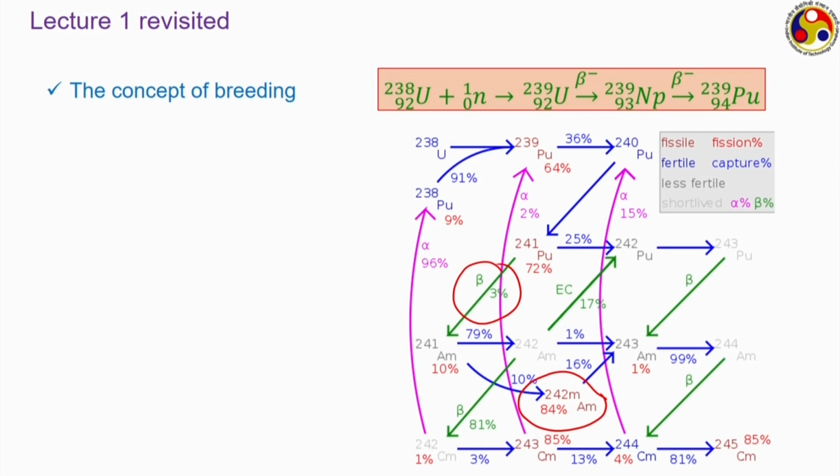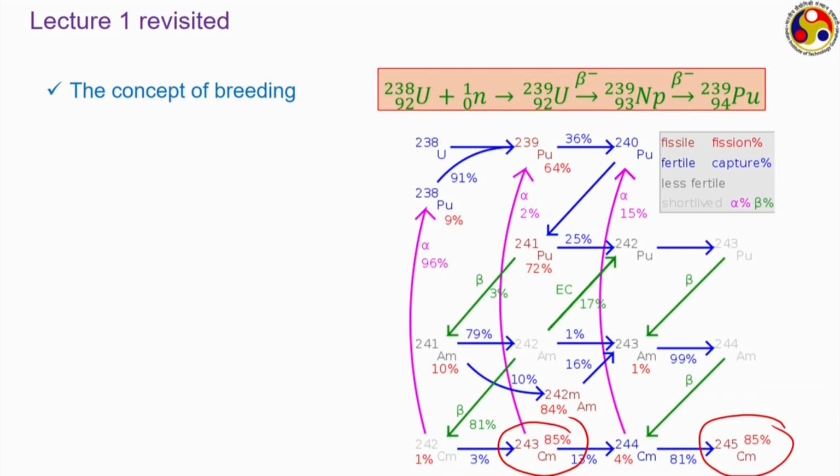Another very important part of this chain is that this Am-242, which is a very short-lived isotope with an extremely small half-life, can go through a beta decay to produce curium-242, which can participate through a series of reactions to finally get converted to Cm-243 and then Cm-245, both of which are extremely fissile isotopes.